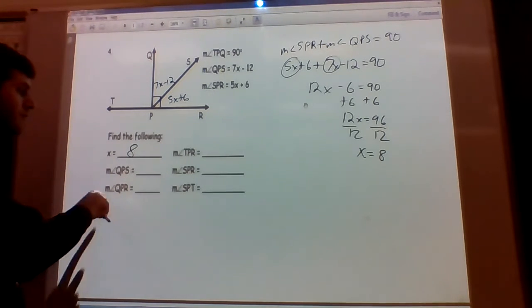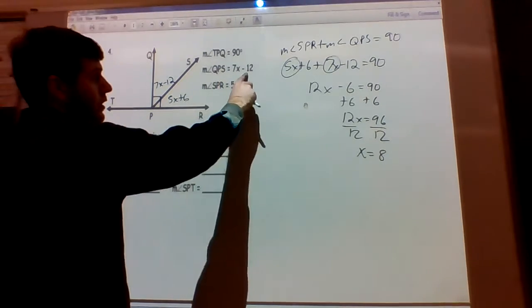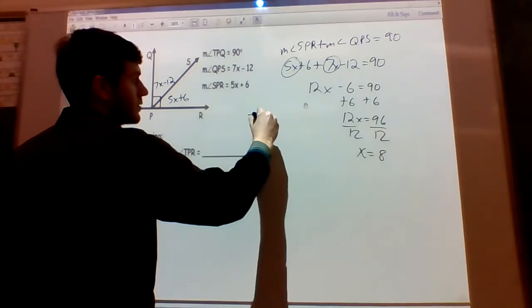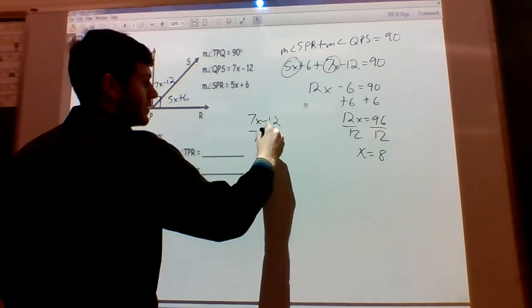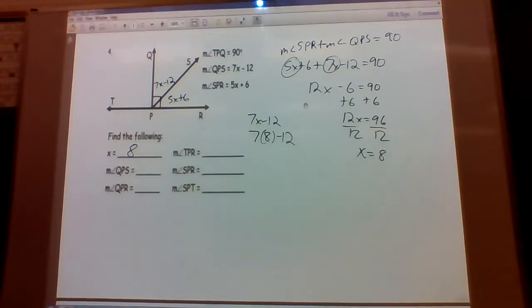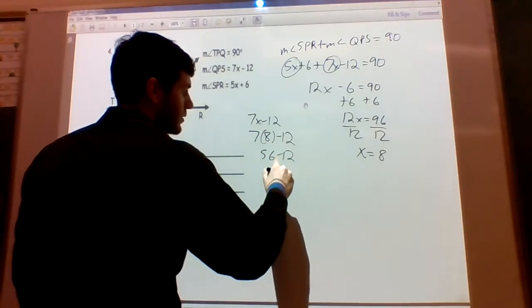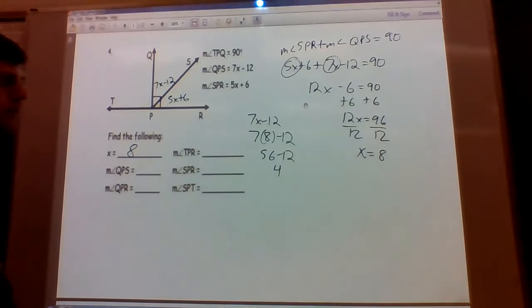Okay, right here is asking for QPS. So we know the measure of QPS is 7x minus 12. So 7 times 8 minus 12. 7 times 8 is 56. 56 minus 12 is going to give us 44.